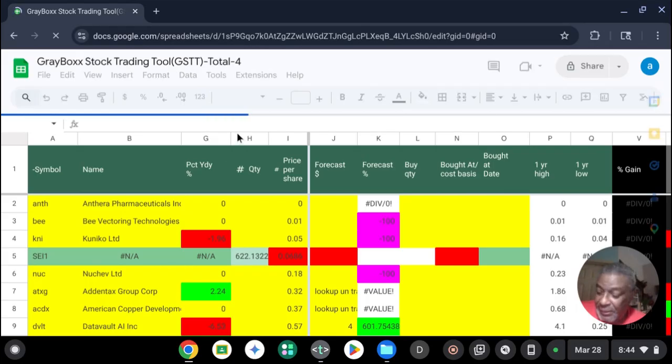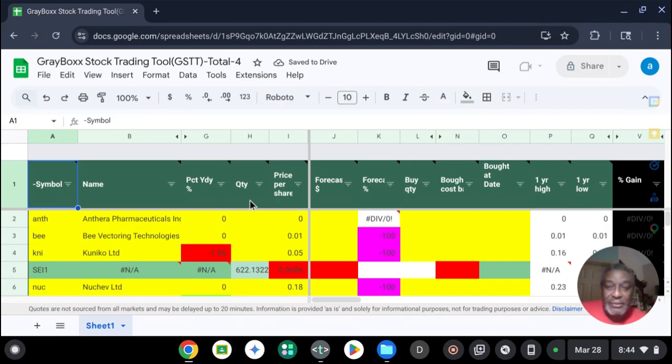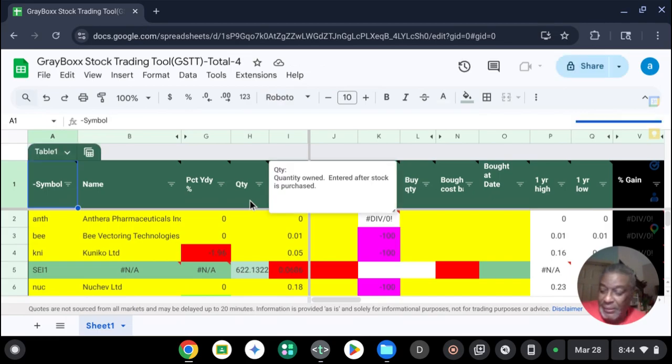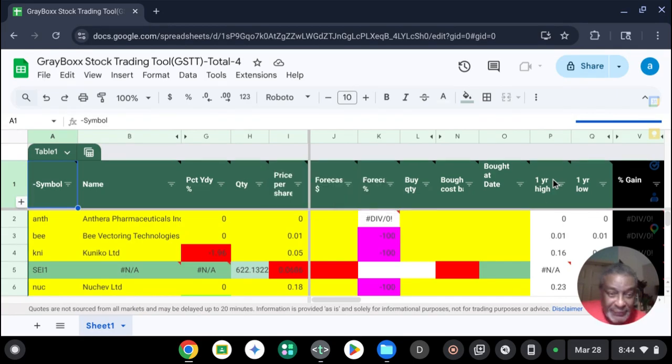We're going to take a few seconds while the tool opens up, because it's loading up over 500 individual stocks that I own and trade. We're holding these long as opposed to day trading and swing trading. So it'll take a second to get the tool initialized.